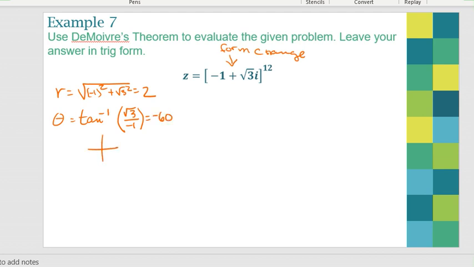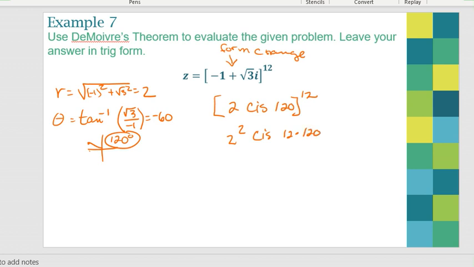And this is located back 1 up square root of 3. It's located over here. So this is 120. That's what I'm going to be using. So I'm going to take 2 cis 120 raised to the 12th. So I get 2 to the 12th cis 12 times 120.